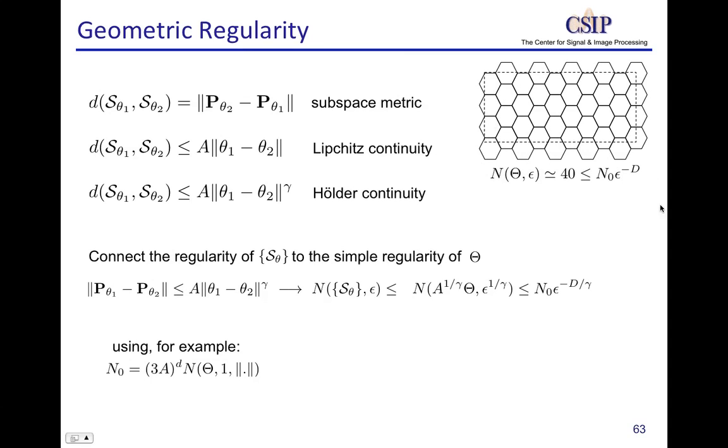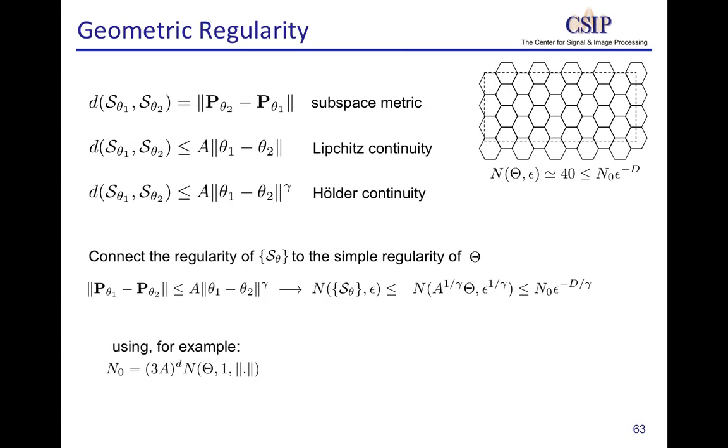And for standard Euclidean space, of course, you can bound this as some constant times epsilon to the minus d. So the intuition here is that this is like a ratio of the area of the entire dotted rectangle to the area of each one of these hexagons. So the area of each hexagon scales like epsilon to the d. In this case, d is 2. This is just a two-dimensional case.